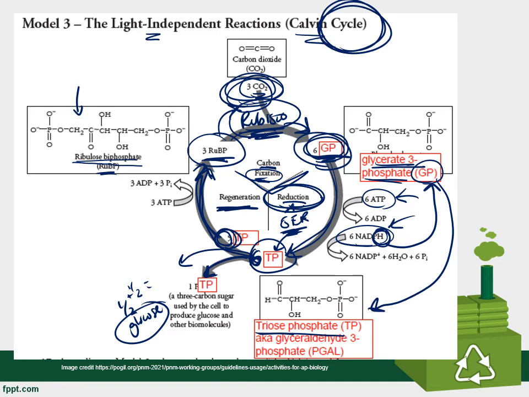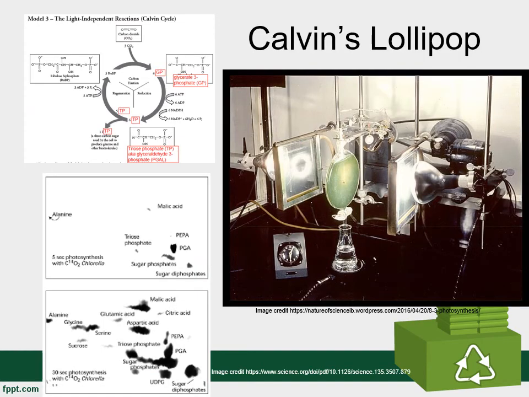This cycle was figured out by this guy named Calvin. His name is actually Melvin Calvin. I don't know why anyone would do that to their child, but someone did. Anyhow, we call it the Lollipop Investigation because it kind of looks like a lollipop, right? So what Calvin did was he put some algae into this glass part of the lollipop.